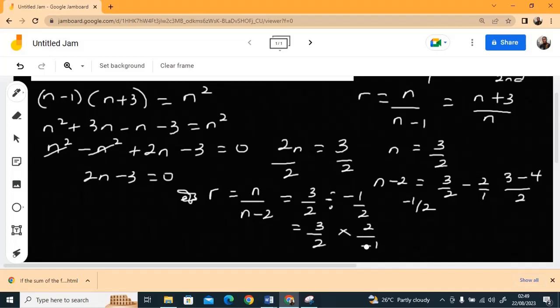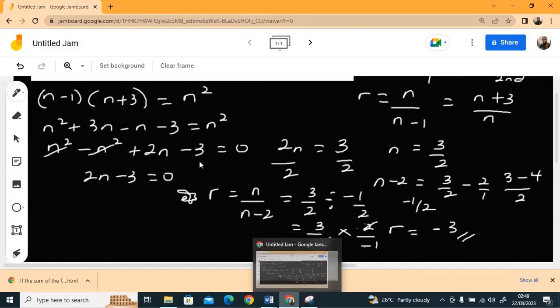It's not normal to put minus 1 at the bottom, we take it up, but I'm just telling you. So 2 cancels 2, and 3 times minus 1 is minus 3. So this is your common ratio: minus 3.